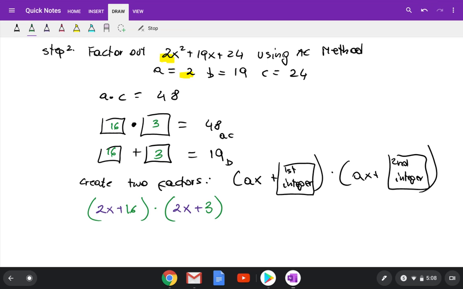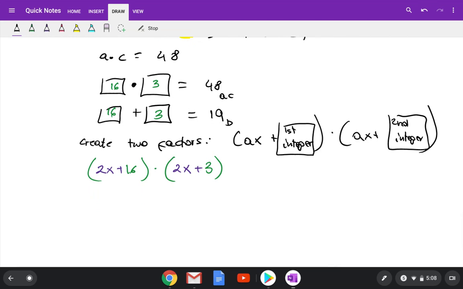Okay. Don't forget that this is not your final solution. That's not your factors. When you create your factors, don't forget about the most important step: factor out the GCF from each factor, from each parenthesis.